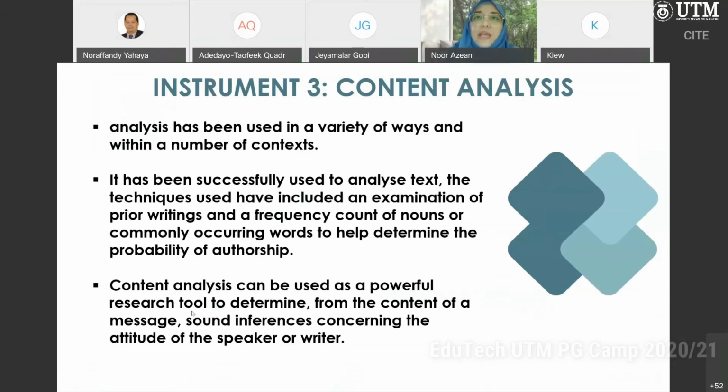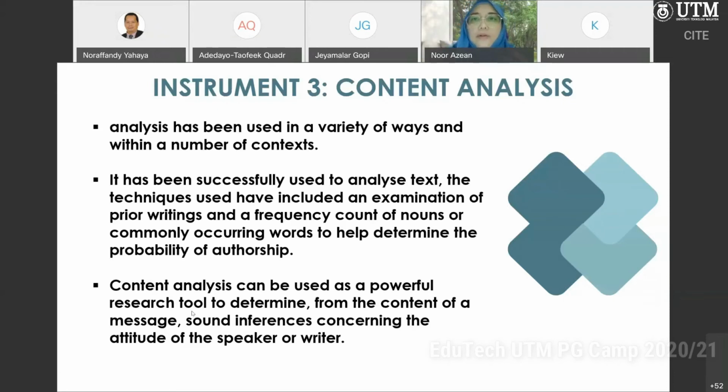It has been successfully used to analyze text and solve issues of disputed authorship of academic papers. The techniques used have included an examination of prior writings and frequent counts of nouns or commonly occurring words to help determine the probability of the authorship, right? That is an example.